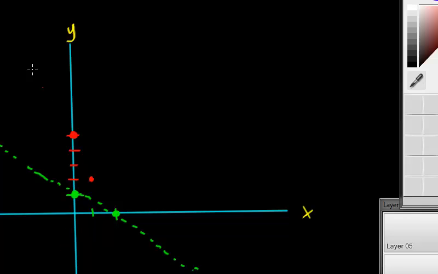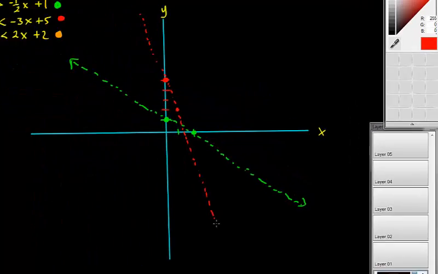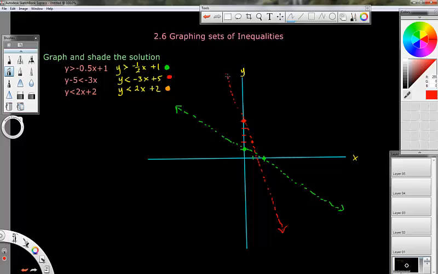We want to get our line slopes as good as we can. Now remember, I didn't shade this thing yet. I'm not going to shade it until the very end. So here's my dotted line for that. Again, it's hard to be straight and dotted when I have to do this, but there you get the basic idea.